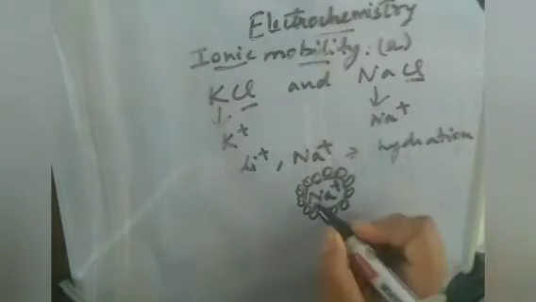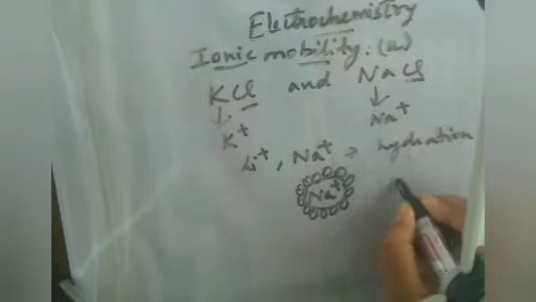So the speed of the ion decreases due to the increase in the size of the ion due to hydration. So the hydrated Na plus ion size will be greater than that of the K plus ion. Hence mobility decreases due to increase in size. That's the reason why KCl has higher molar conductance when compared to NaCl.